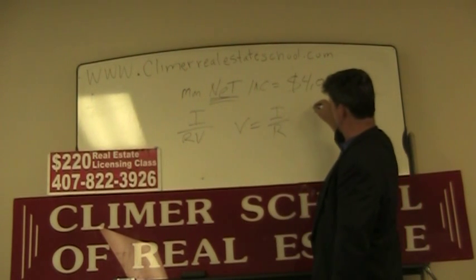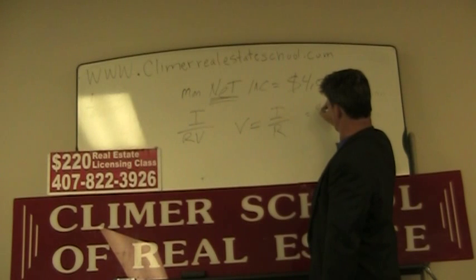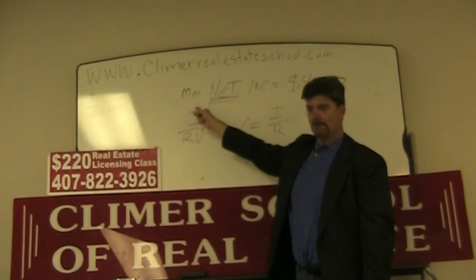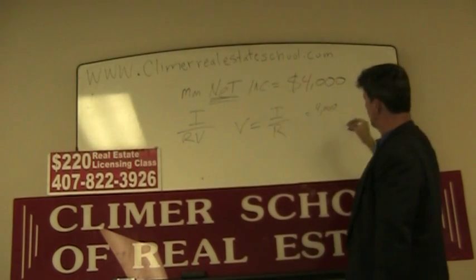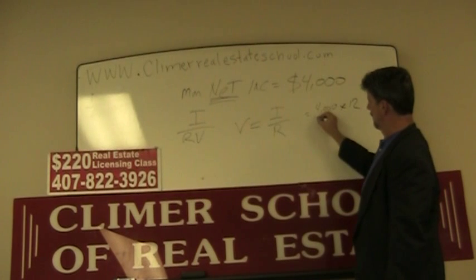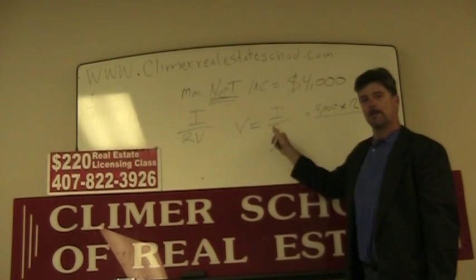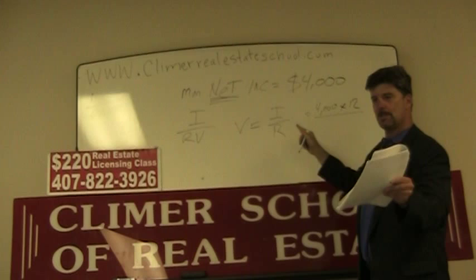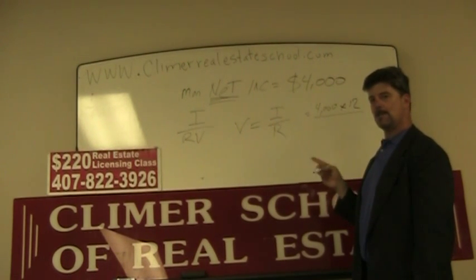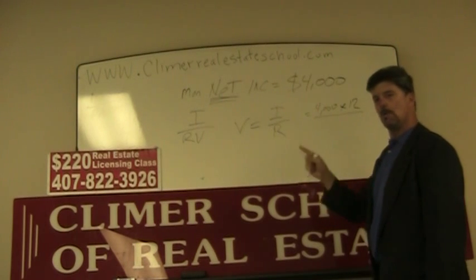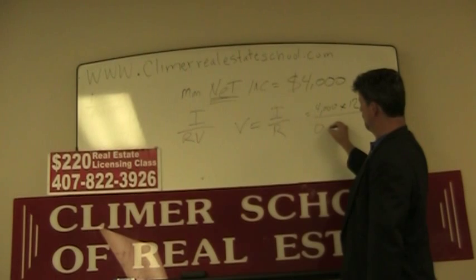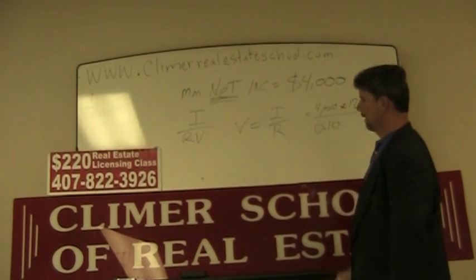$4,000 times 12. Monthly. Multiply that by 12, because everything is annual. What's the rate of return desired? 10%. How do we get from a percentage to a decimal? Go the other way. So 10% is 0.10.